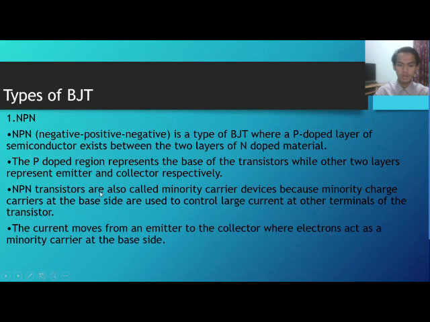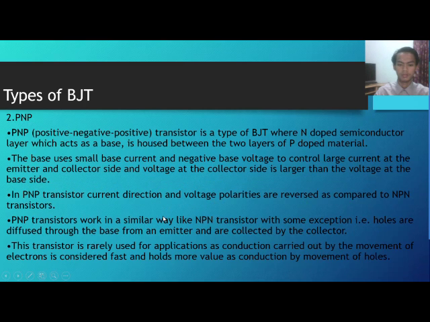NPN transistors are also called minority carrier devices because minority charge carriers at the base side are used to control a large current at the other terminals of the transistor. The current moves from the emitter to the collector, where electrons act as a minority carrier at the base side.